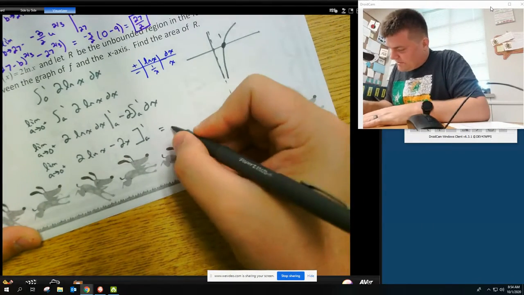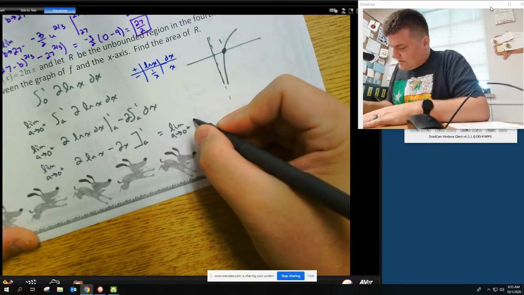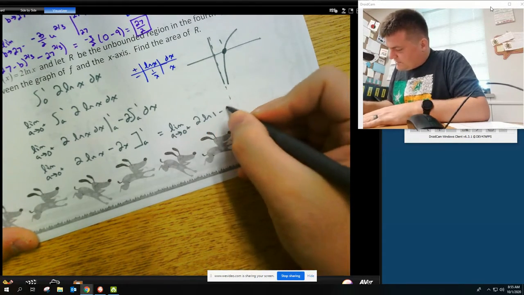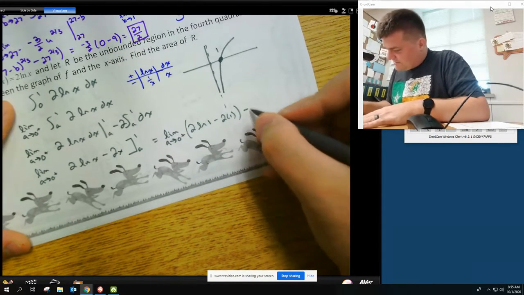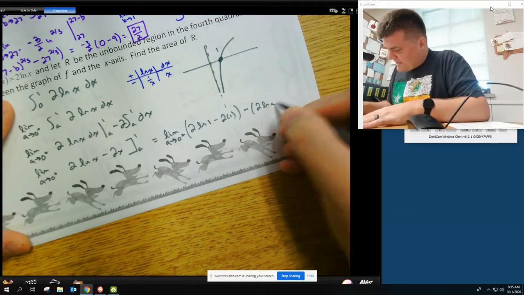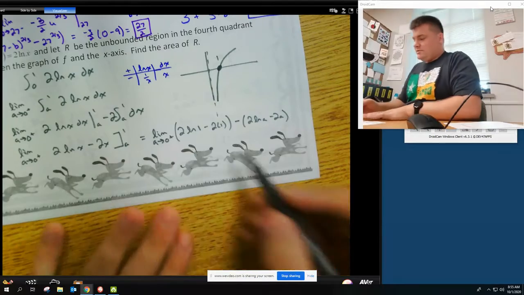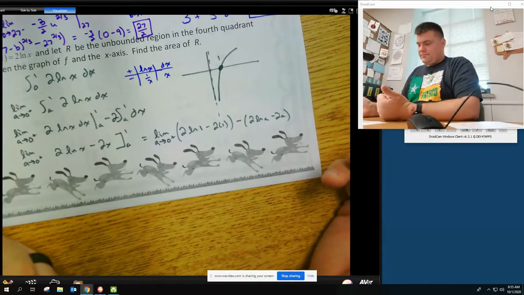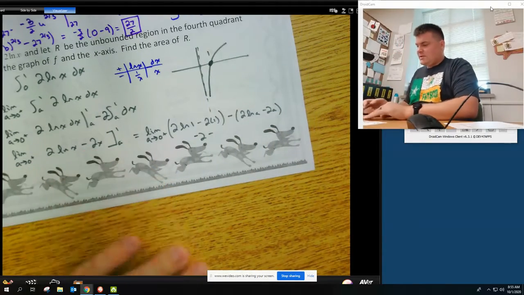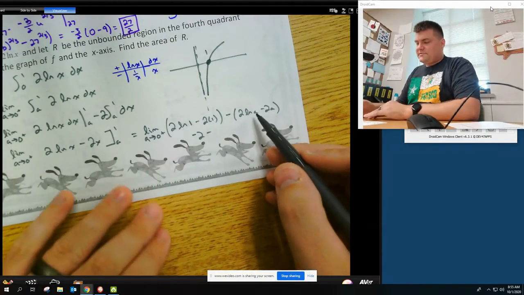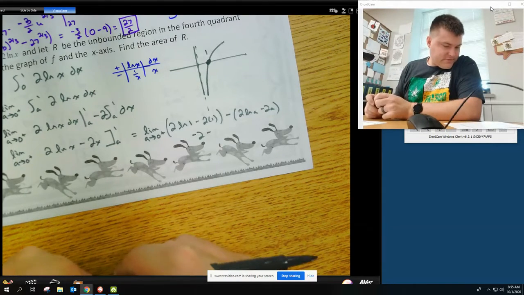So this is going to give me the limit as a goes to 0 from the right of 2 ln of 1 minus 2 times 1 minus 2 ln of a minus 2a. So ln of 1 is just going to be 0. So I'm actually going to be left with a negative 2 minus. If I plug in a 0, ln of 0 from the right is actually going to give me a negative infinity value. Okay?